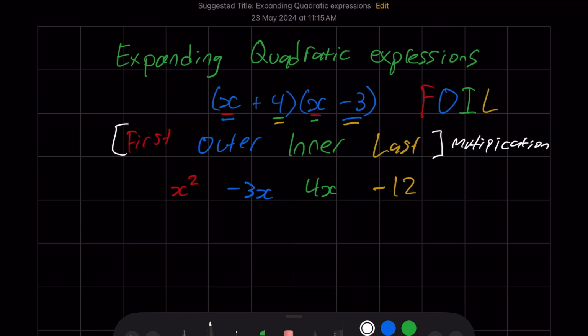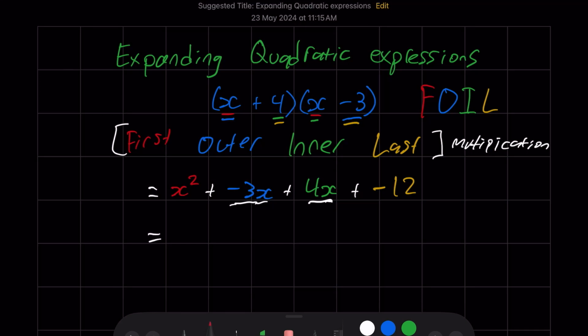Those are our 4 terms. We can add pluses in between them all, like that, a little equals sign out the front, and you can finish there. That's okay. We can keep going though, because you can see that we've got negative 3x here and 4x here. So we can combine those together.